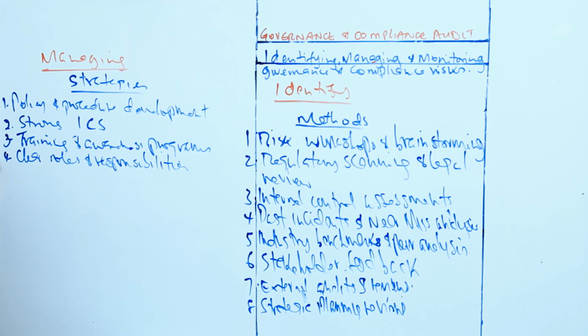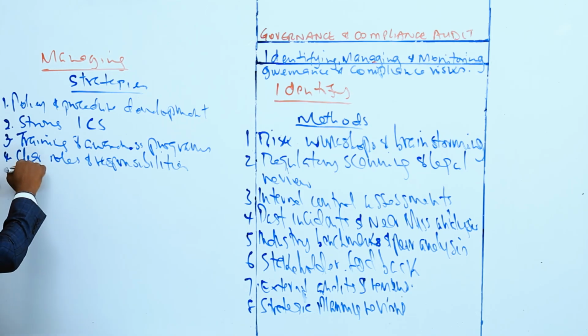The company should establish a dedicated compliance function or officer if warranted by the organization's size and complexity. If the company is complex, then there ought to be a governance and compliance officer who can help in drafting and ensuring that each individual has responsibilities clearly in place. So clear roles and responsibilities is another strategy to manage risks.